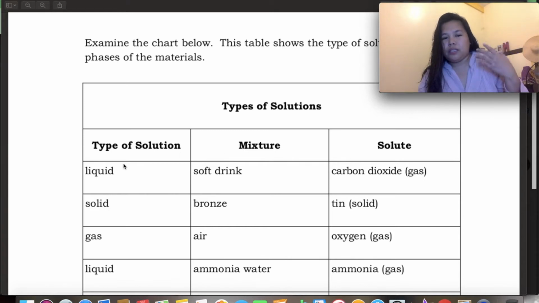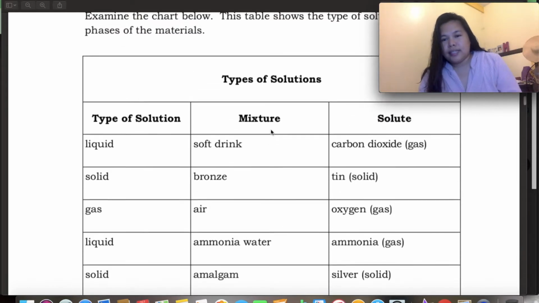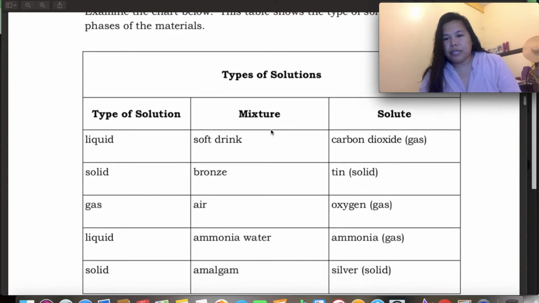The type of solution is obviously the matter: liquid, solid, gas. The mixture is a combination of 2 or more materials. And the solute is what is mixed into the solution, and that makes it a solution.